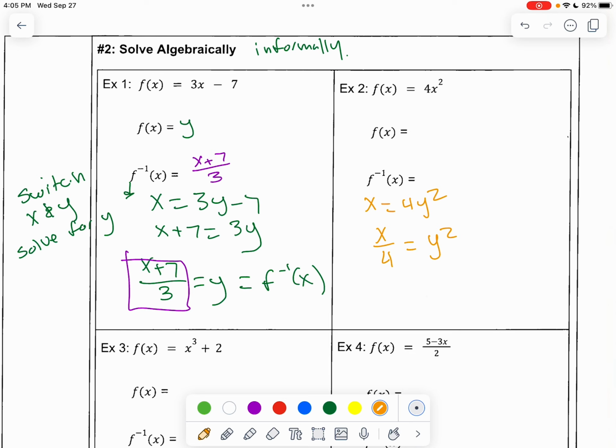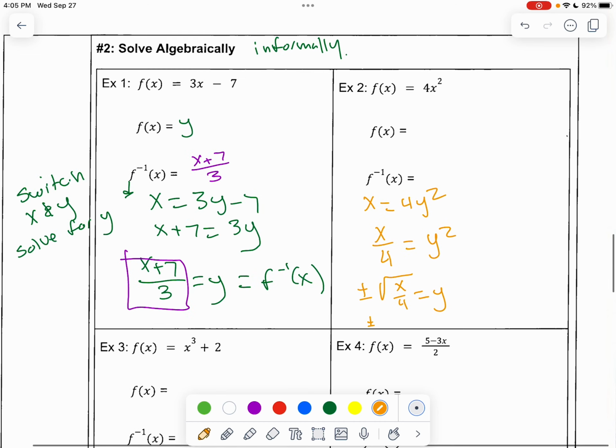Take the square root of both sides. The square root of x over 4 equals y, and there is a plus or minus. And then final result, you can take the square root of 4 in the bottom, but not the x. So this is going to be plus or minus the square root of x, divided by 2, equals y.